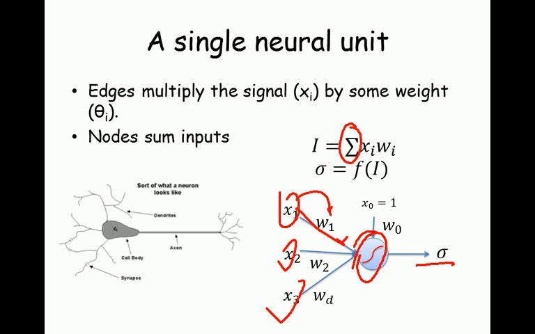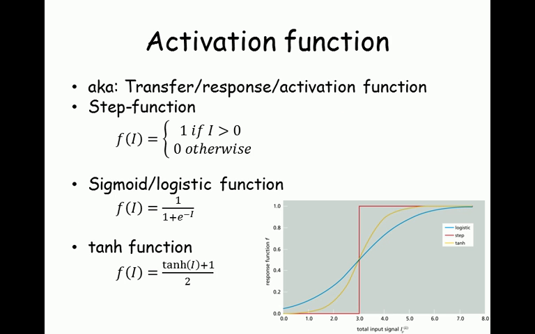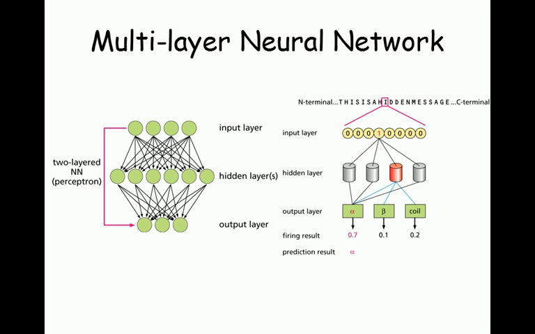But you can have different activation functions to give you a continuous output instead of a 0, 1 output. Some of the common activation functions are the sigmoid and the tangent function. The reason they are most commonly used is that it's easy to take their derivative, and I'll tell you why being able to take the derivative is important.